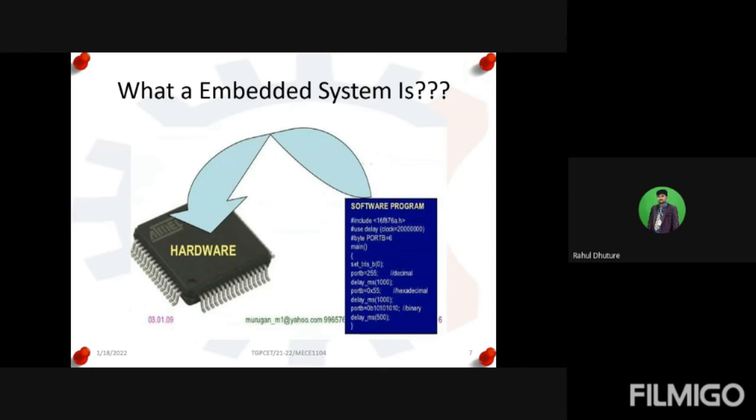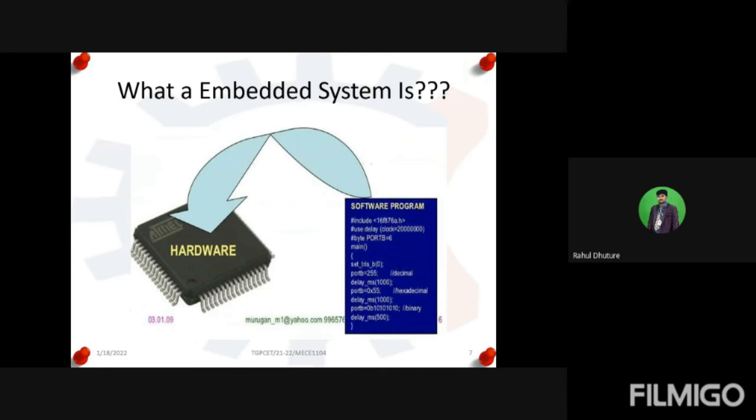Okay, when you have to use the assembly language, that time an assembler is used. When you have to use the C programming language, that time we have to use a compiler. Okay, depending on the language, we can perform different tasks using the software language. And this language is converted to the hex format, because every machine language has the hex extension.